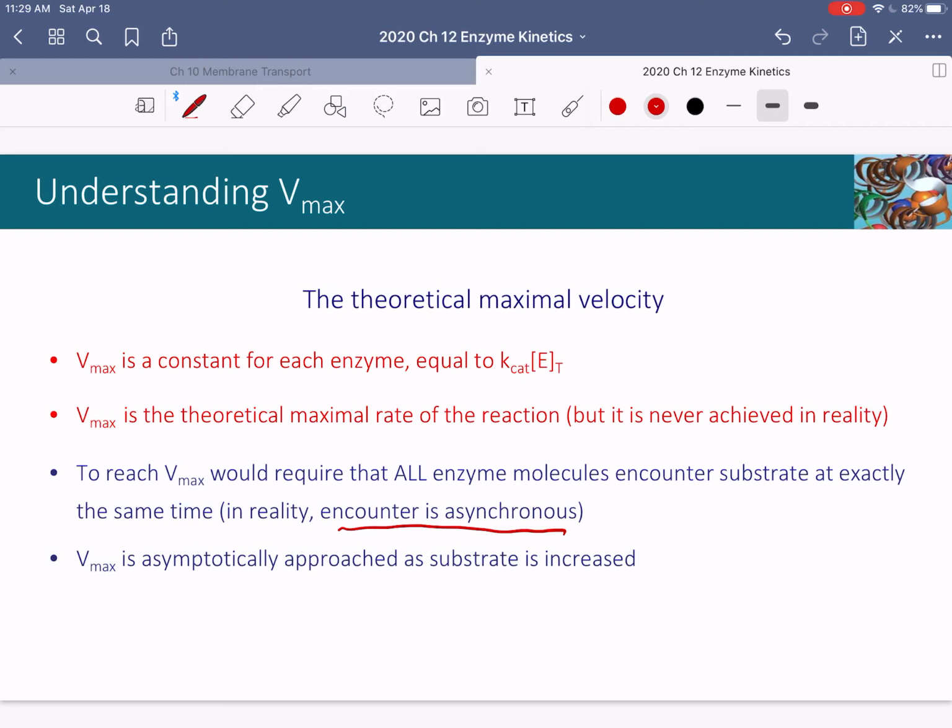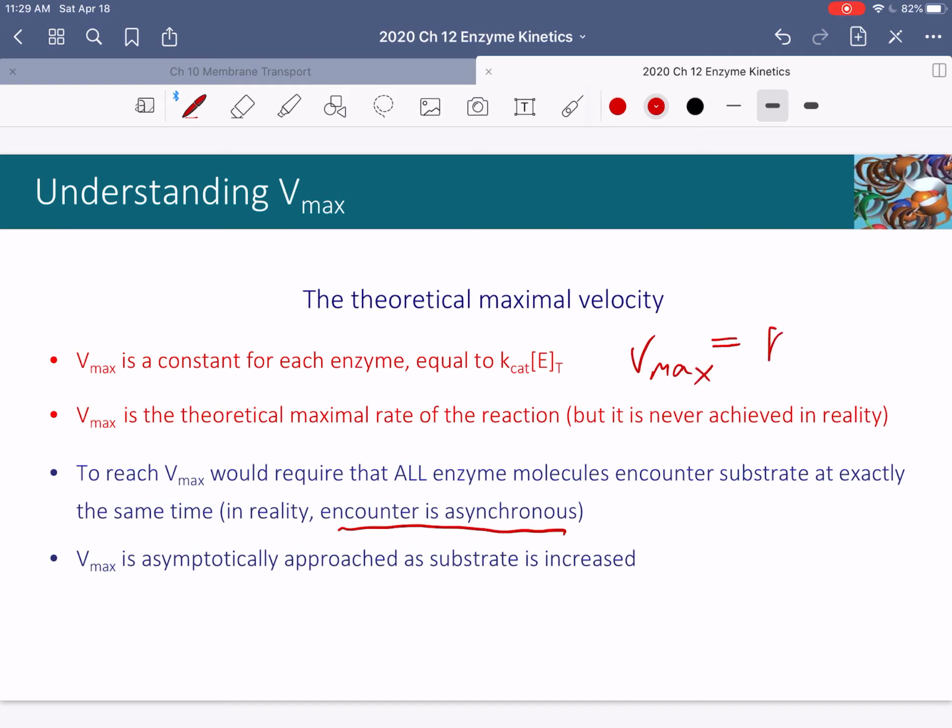You've got to keep in mind that these constants that we have been talking about are like a fingerprint for your enzyme. Each enzyme has its own Vmax. It's a constant at a constant enzyme concentration. So this is important. It's one of the equations that you need to memorize.